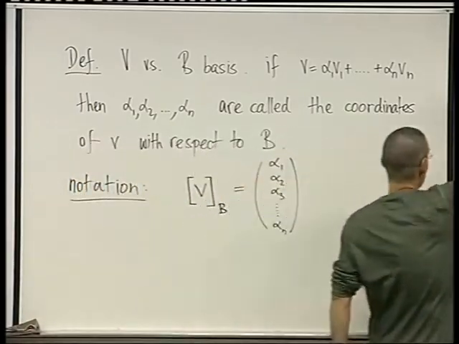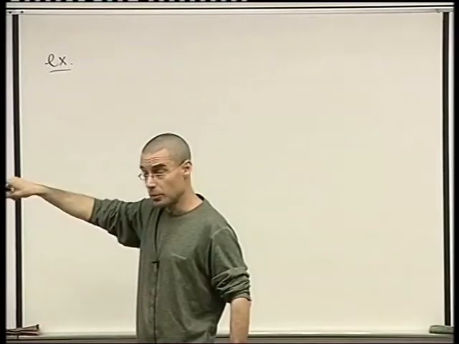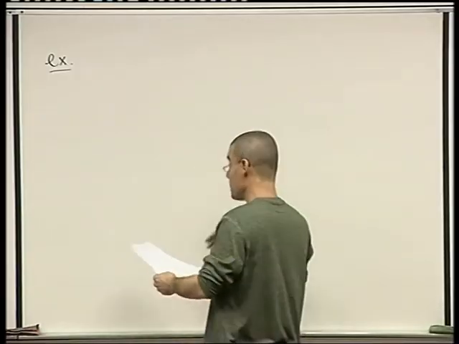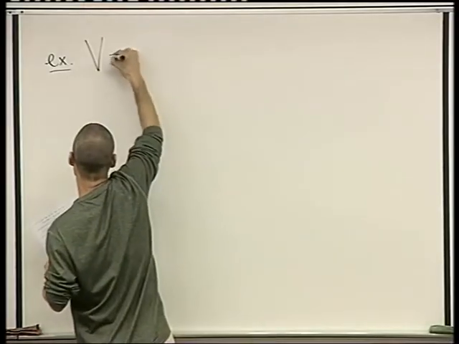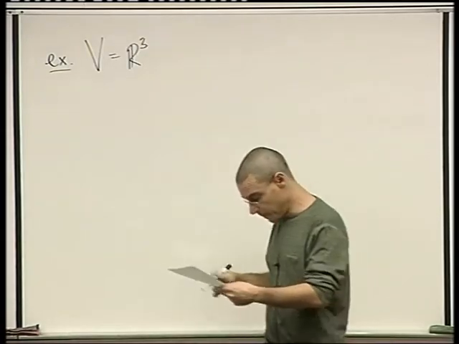So here's a first example. Is it capital? This is little v. It's the representation of little v with respect to the basis B. So here's an example. Big V is going to be R3. That's the vector space we're working in.